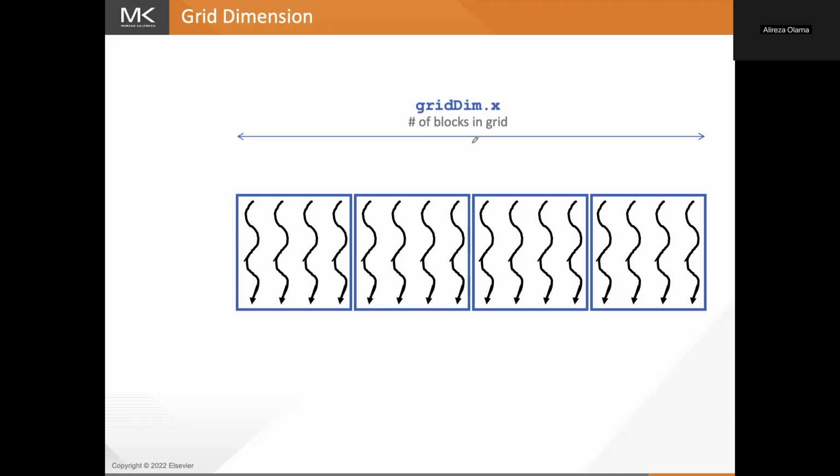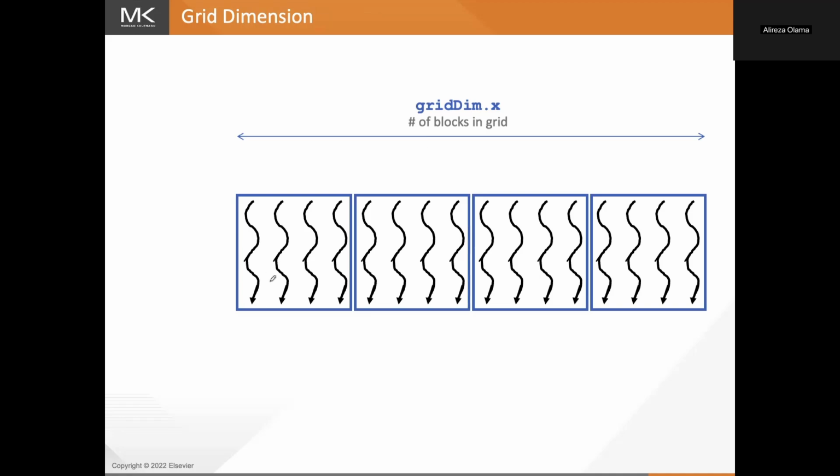And also the API provides you with the number of threads in a block and the number of threads in a grid in at most 3 dimensions, X, Y, and Z. So in this example, we are just using the 1D dimension, but next week we're going to talk about how we can have this in multiple dimensions. So now let's not worry about multi-dimension grids, and let's focus on this one-dimensional grid, okay?